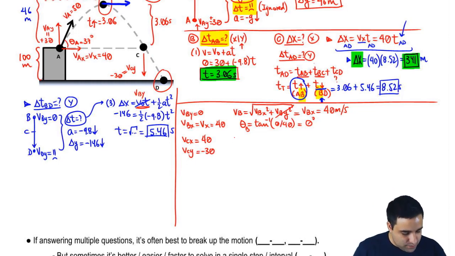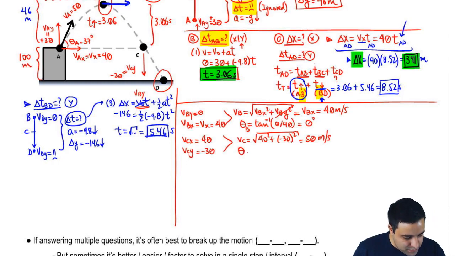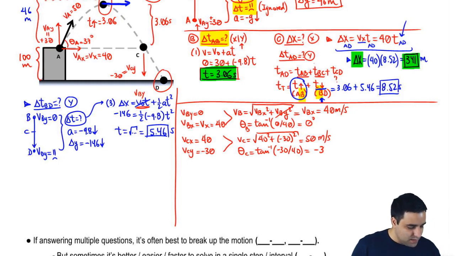And now, having these two numbers, I can get my VC, which is going to be 40 squared plus negative 30 squared. And you get 50 meters per second. If you do the arctangent, theta C, arctangent of VCY, negative 30 over 40, you get negative 37 degrees.